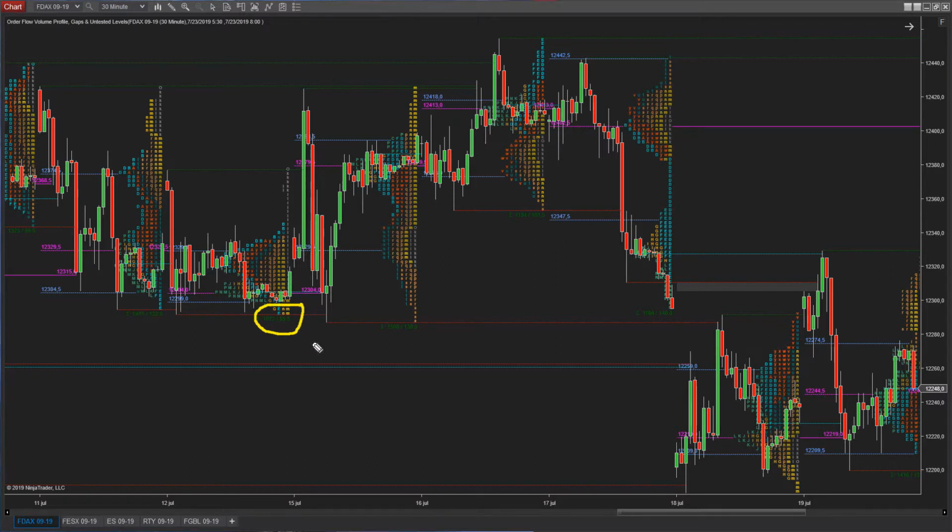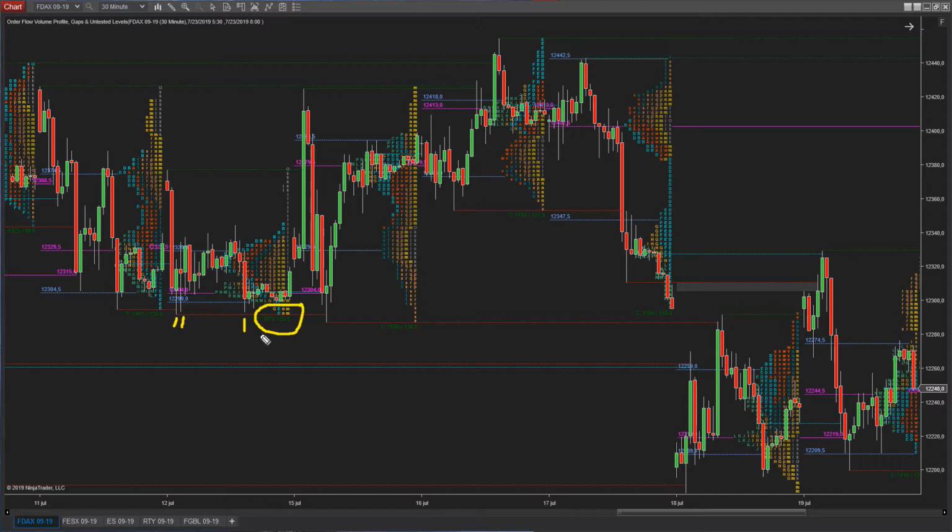That means we don't have any excess, and you can see it in the candlesticks as well. So it was tested here, here, and here. It basically came within one or two ticks, but because my profile aggregates a couple of ticks in the case of the DAX, it shows up like that.